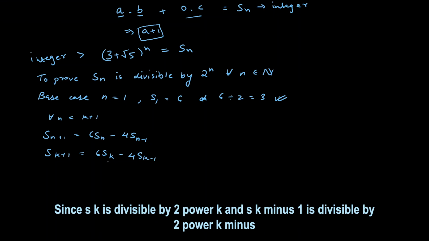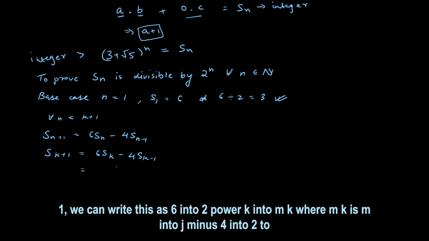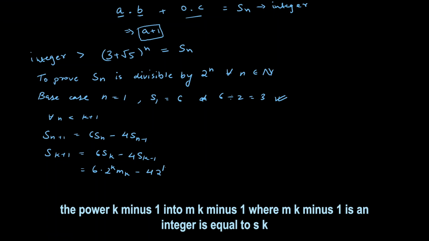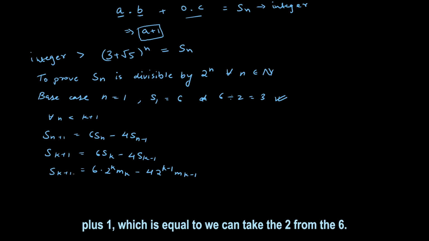Since S(k) is divisible by 2 power k, and S(k-1) is divisible by 2 power k minus 1, we can write this as 6 into 2 power k into m(k), where m(k) is some integer, minus 4 into 2 to the power k minus 1 into m(k-1), where m(k-1) is an integer, is equal to S(k+1).